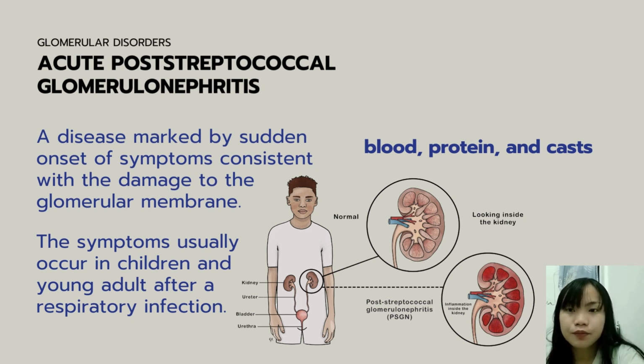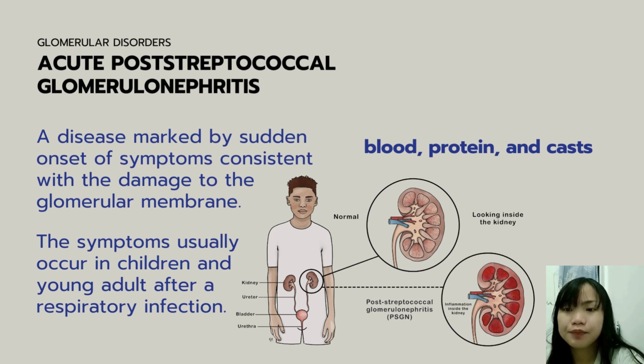So, sa glomerulonephritis naman natin, pwede siyang mag-progress from one form to another. So, pwede siyang maging acute glomerulonephritis, tapos pwede maging renal failure. Or from simple damage to glomerulus, pwedeng mag-lead sa nephrotic syndrome.